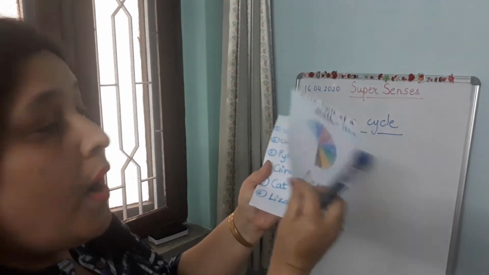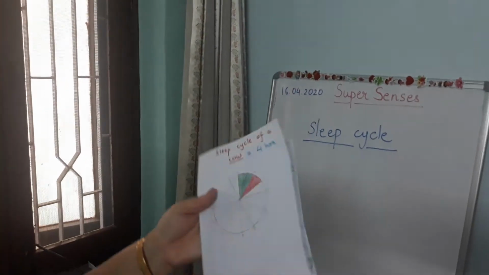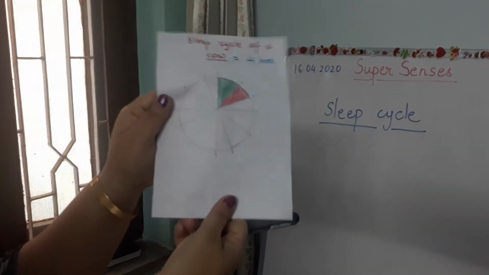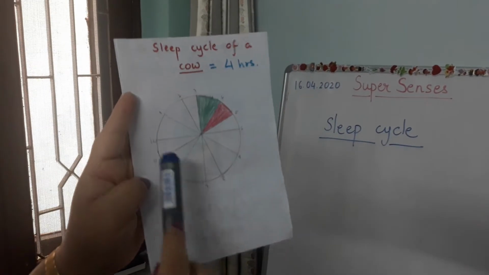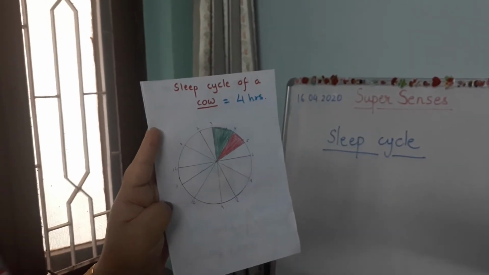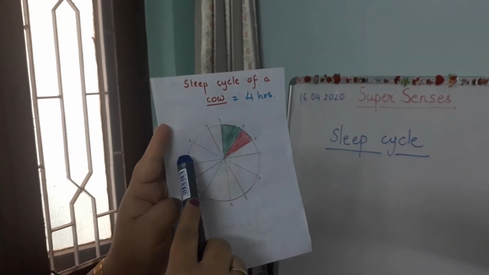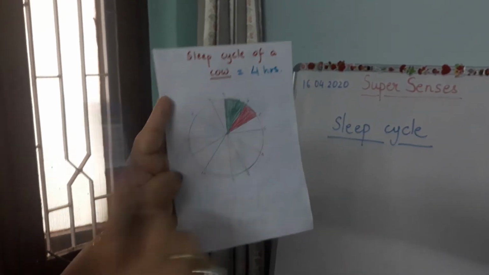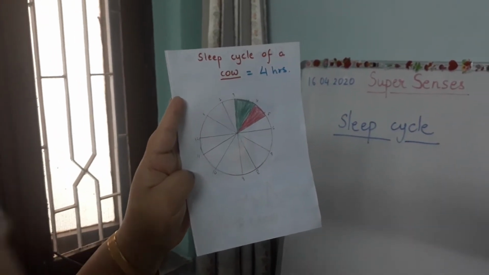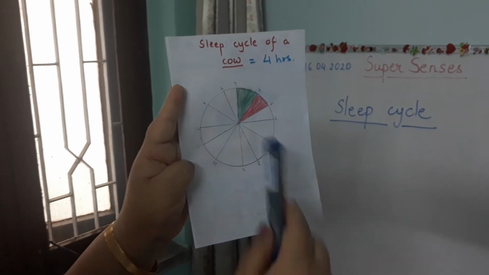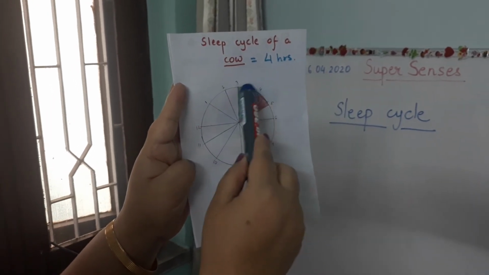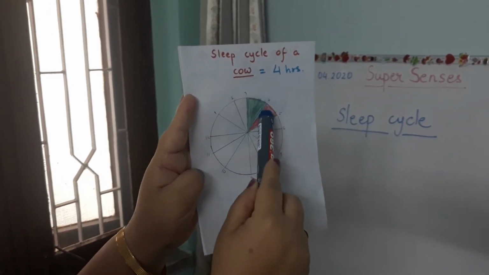Now I'll show you one more example of how to draw a sleep cycle. Again, see very clearly, this circle is also divided into 12 parts. Each fraction here or each part represents 2 hours. That makes 24 hours in a day. So we have colored only 2 parts. 2 multiplied by 2 is 4.